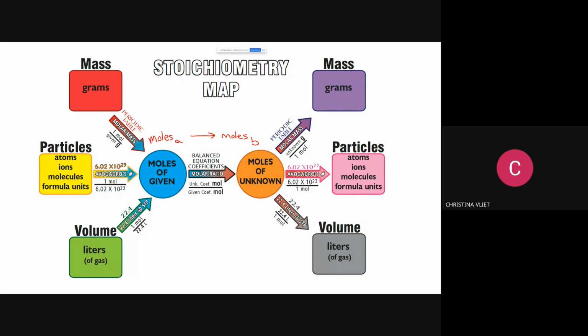Okay? So the concept is, if you are given a different unit than moles to start, so your A is in a different unit, the first step is always going to have to be to convert to moles.